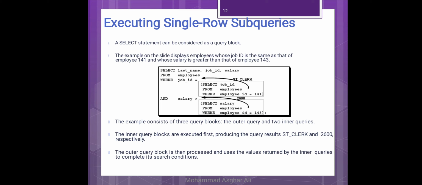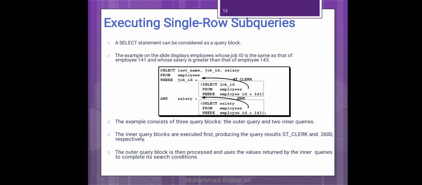Select last name, job ID, salary from employee where job ID equal to, select job ID from employee where employee ID equal to 141, and salary greater than, in brackets, select salary from employee where employee ID equal to 143. Here we are using the logical operator AND, and it executes with two subqueries.